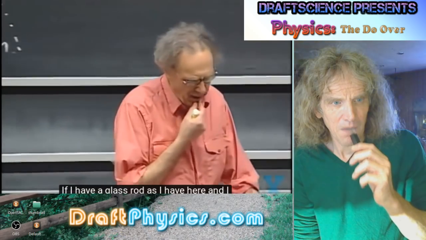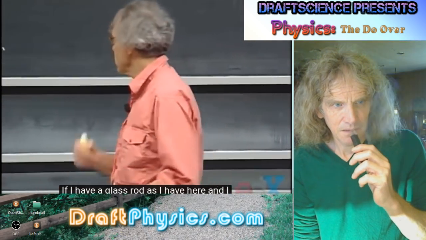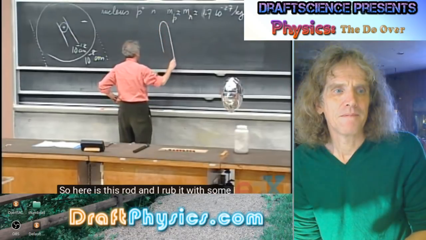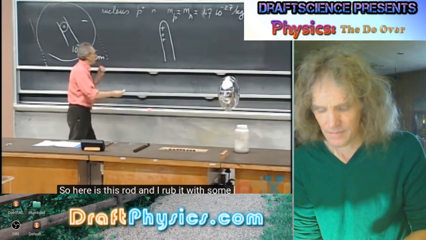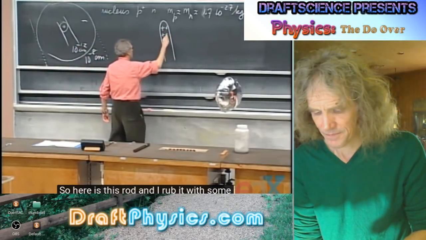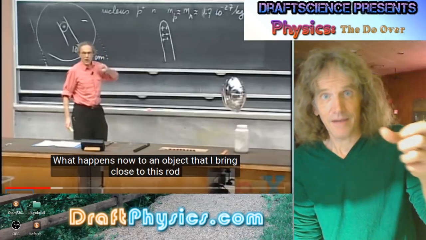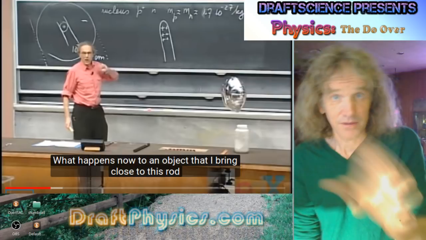If I have a glass rod, as I have here, and I rub it, then it gets this positive charge that we just discussed. So here is this rod, and I rub it with some silk, and it will get positively charged. What happens? So again, he's going to take one set of atoms and bang them into another set of atoms.